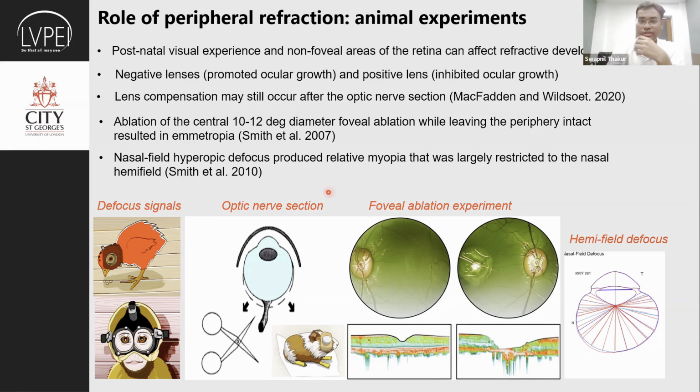The outcome was that even when the optic nerve was sectioned, the eye continued to emmetropize. So the experiment concluded that the central nervous system is not required for emmetropization, and it is the local signal from the peripheral retina which is important.